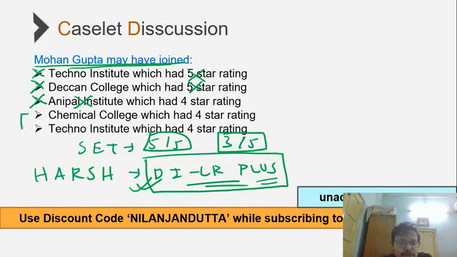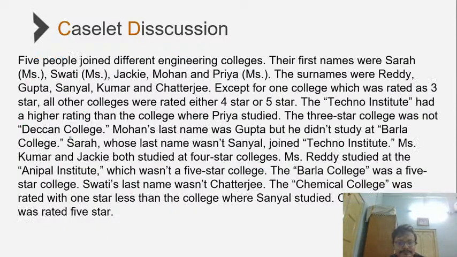So now you're left with 2 options. Mohan Gupta may have joined either Chemical College 4-star or Techno Institute 4-star. So when you're down to 2 options, what do you do? Look into the set for direct clues on Chemical and Techno.